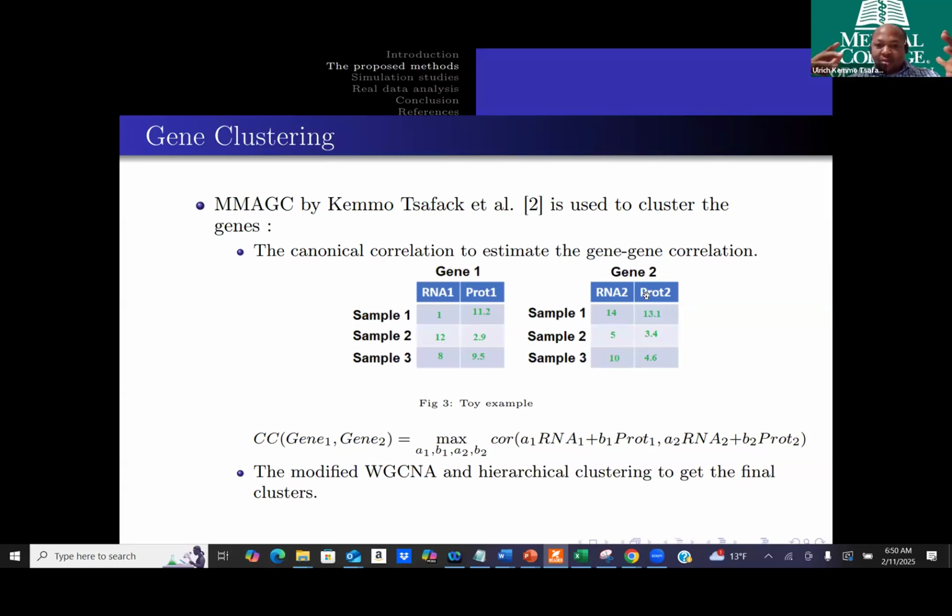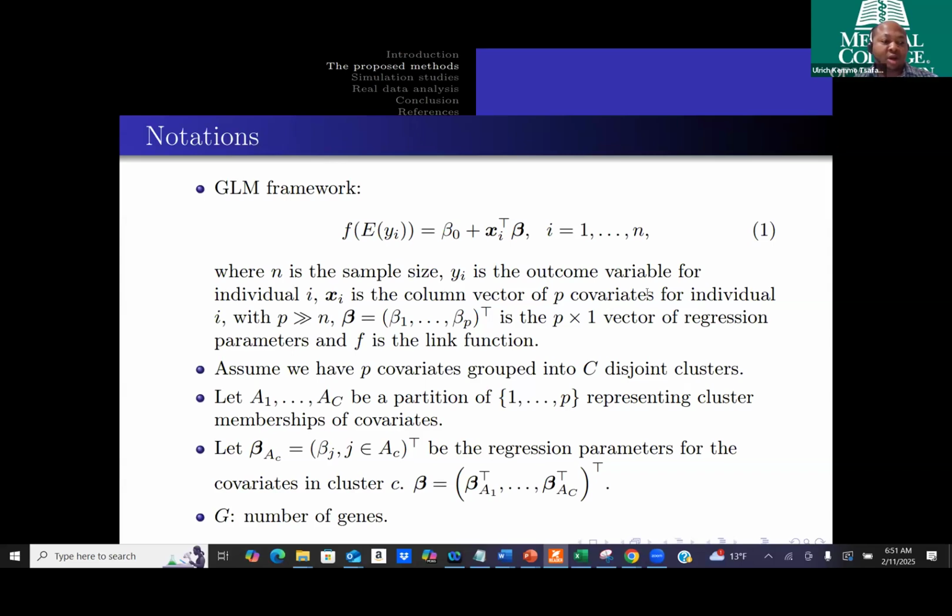The maximum correlation coming out of this process is called the canonical correlation. After getting the correlation between genes, we use the modified WGCNA and hierarchical clustering to get the clusters. I will not focus more on this step, so if you have questions, I'm going to come back to it for the sake of time.